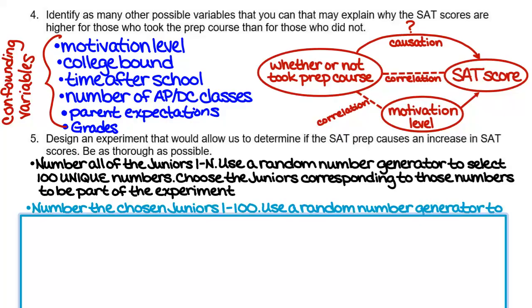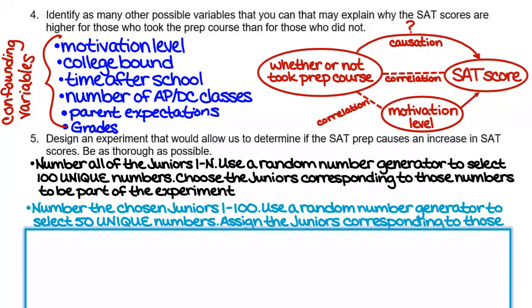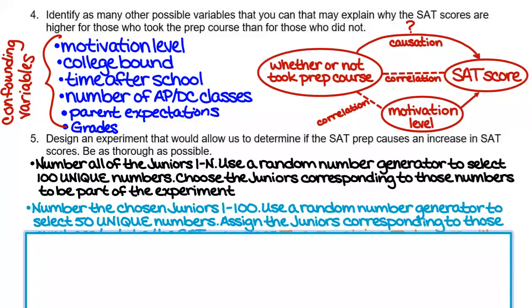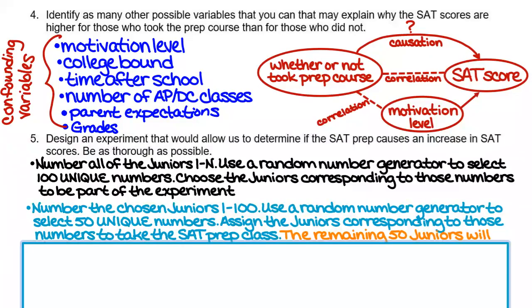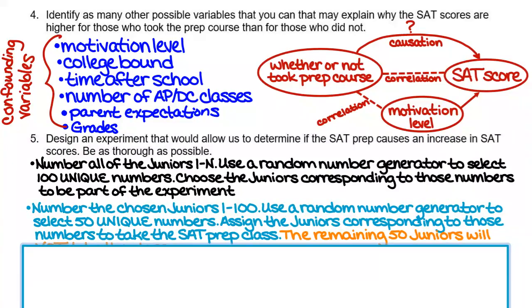We're going to number these chosen juniors 1 to 100. We're going to use a random number generator to select how many numbers? 50. Use the random number generator to select 50 unique, non-repeating numbers. Assign the juniors corresponding to those numbers to take the SAT prep class.